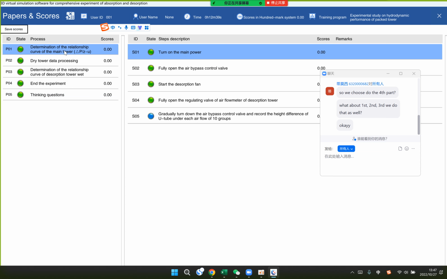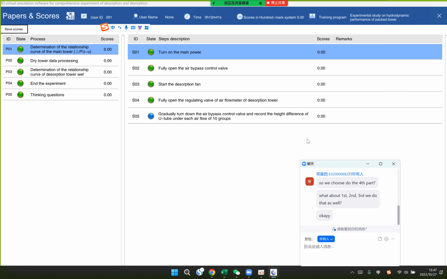The first one is the determination for the dry tower. Because there is no liquid loading at this time, it is a dry pressure measuring experiment.